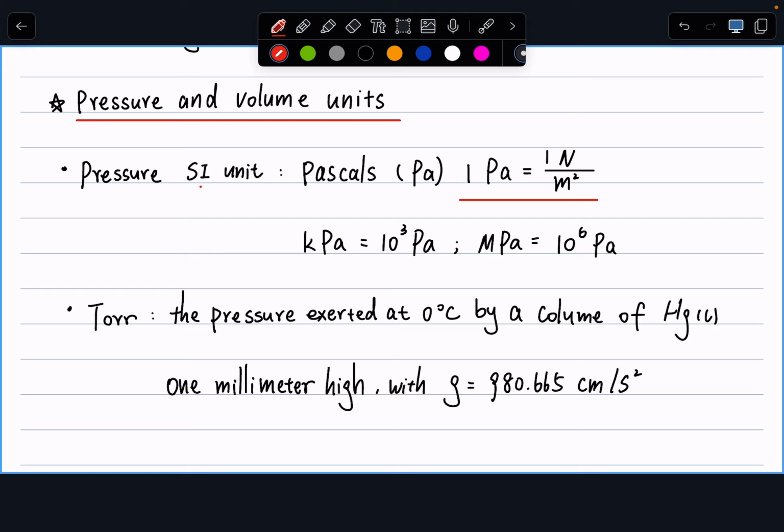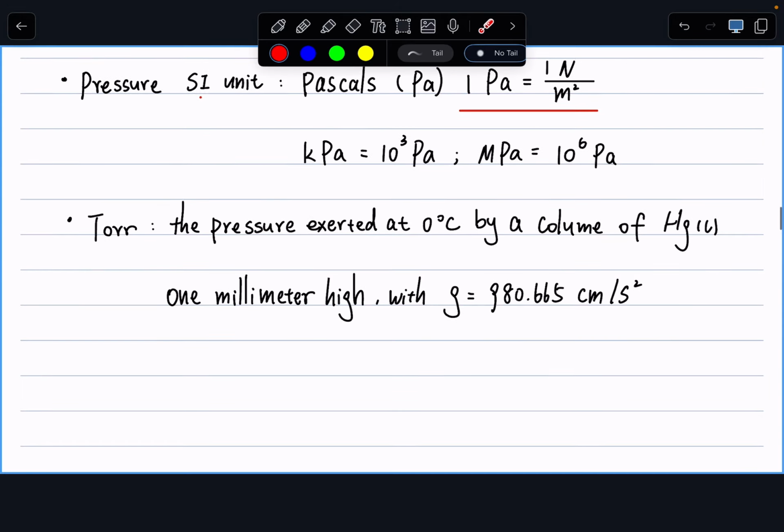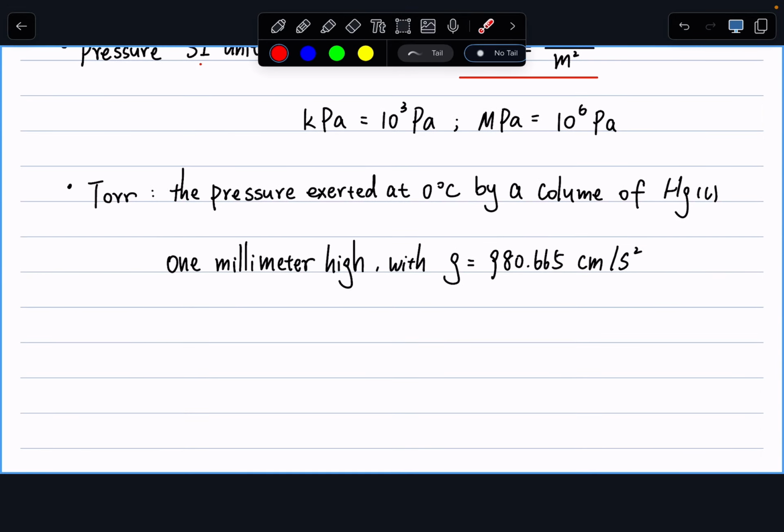More often, you will experience units like torr. That's the pressure exerted at 0 degrees by a column of Hg 1 millimeter high, with the gravitational constant g equal to 980.